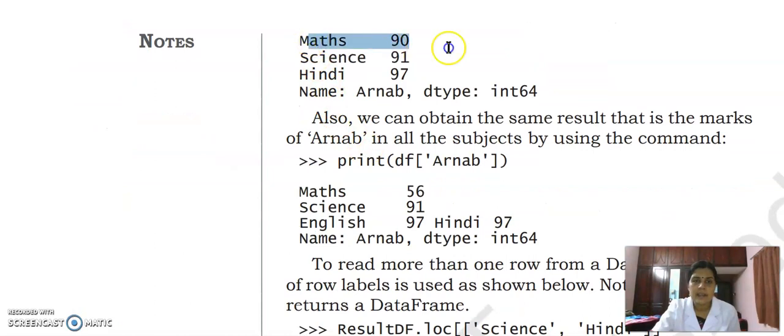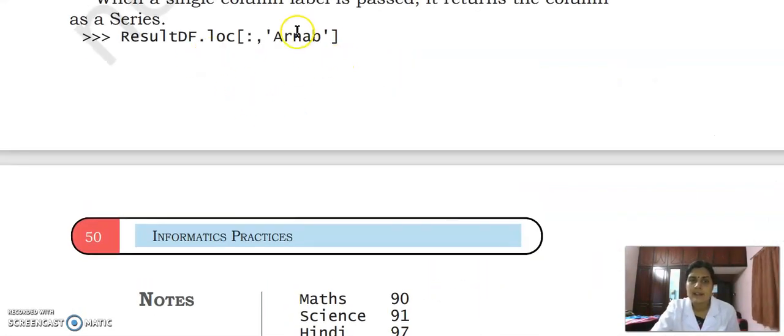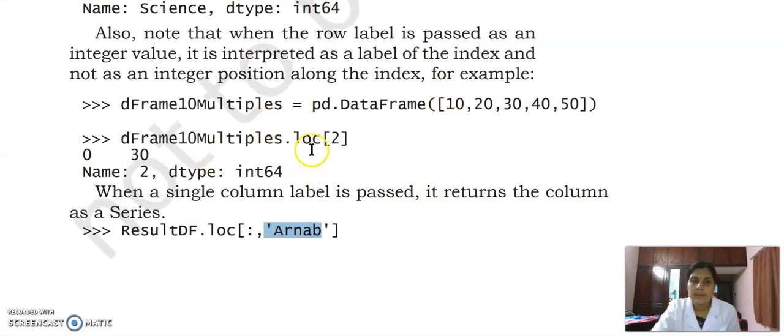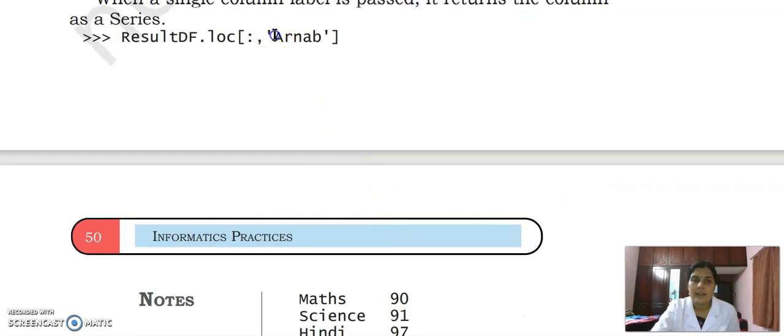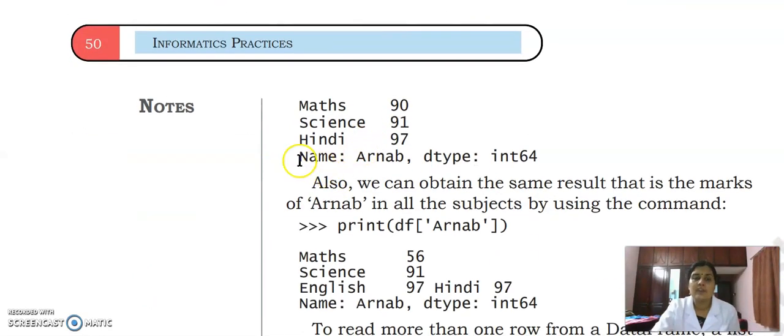Then the output will be like this and its name is Arnab because we are passing the column name as Arnab. Earlier we passed 2, so the name was 2 because an index was passed. Here we are passing the column name as Arnab, then the output will be name equal to Arnab, data type int64.